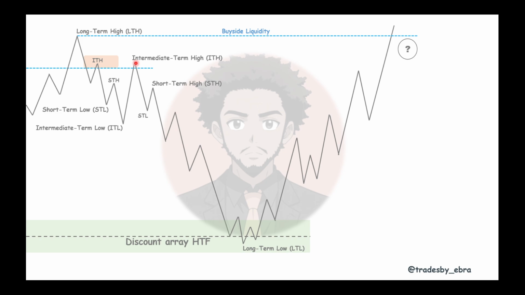So to be brief, an intermediate low has a short-term low, even a short-term high is in an intermediate high, and any candle or any high that trades into a fair value gap immediately becomes a short-term high, and a short-term high immediately becomes an intermediate high.